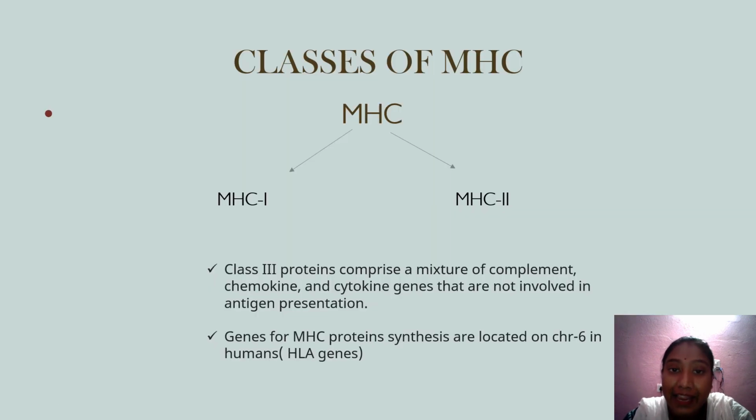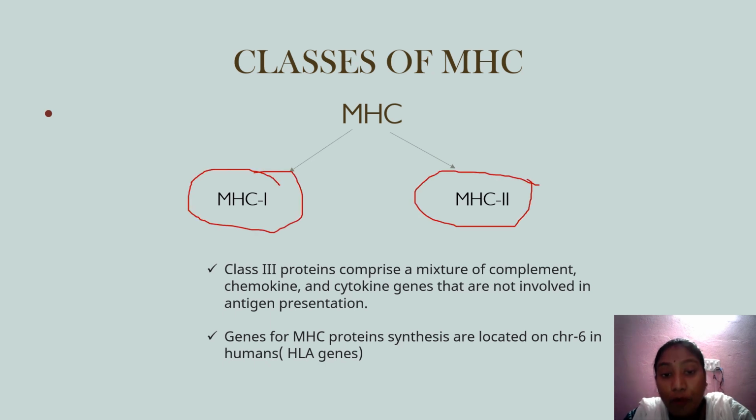So going to the next slide. Classes of MHC: we have MHC1 and MHC2, and we are going to learn about these two today. But before that, there are other classes also, that is class 3, but generally they are not involved in antigen presentation. Class 3 proteins comprise a mixture of complement, chemokine and cytokine genes that are not involved in antigen presentation.